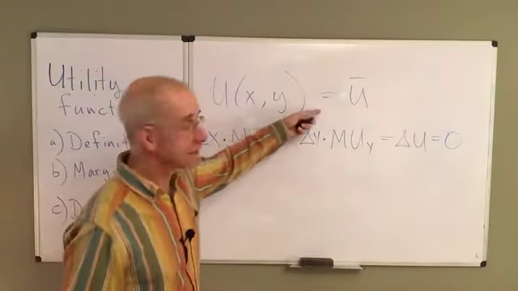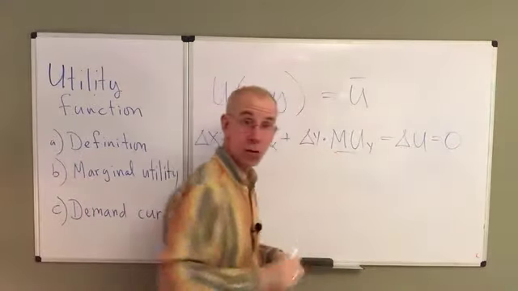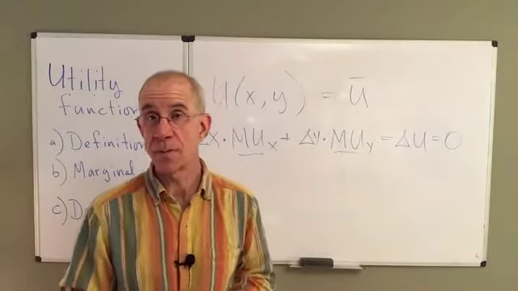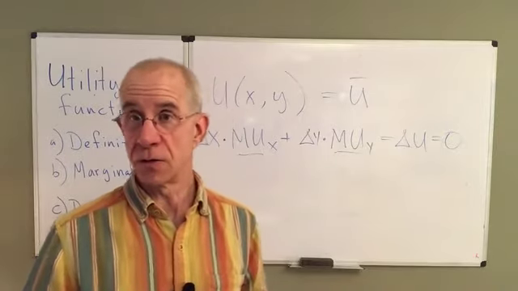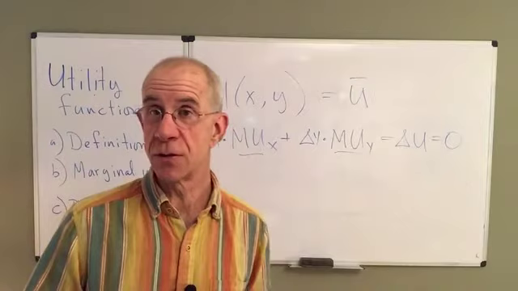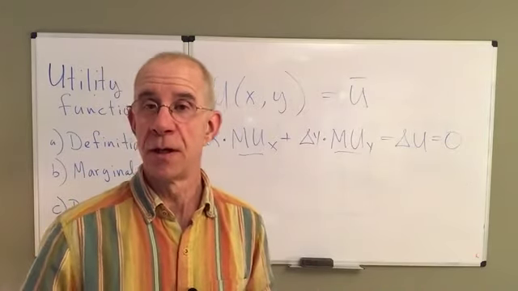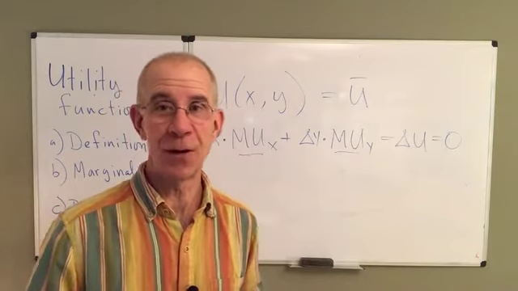But embedded in that discussion about indifference curves is this idea of marginal utility. So it really is an important part of consumer theory. So that's a quick introduction to utility functions and how they relate to demand functions, which we're all very familiar with.